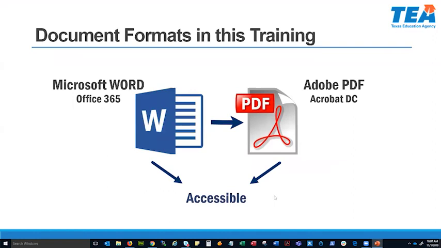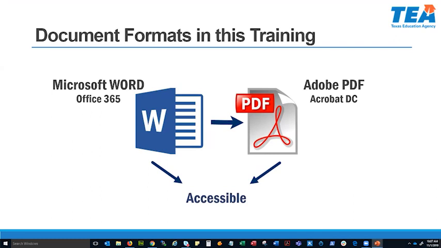All right, so we're going to focus on Word today and Acrobat PDFs, making those accessible. Microsoft Word is probably the de facto in word processing. It's really common to use. Also, the PDF, it's a really universal format for the web and for other documents.